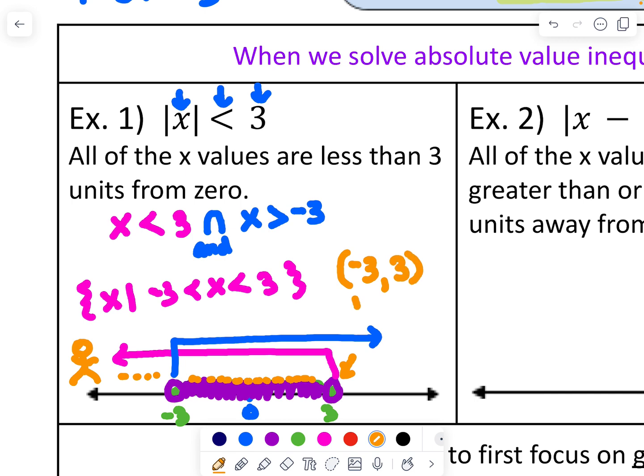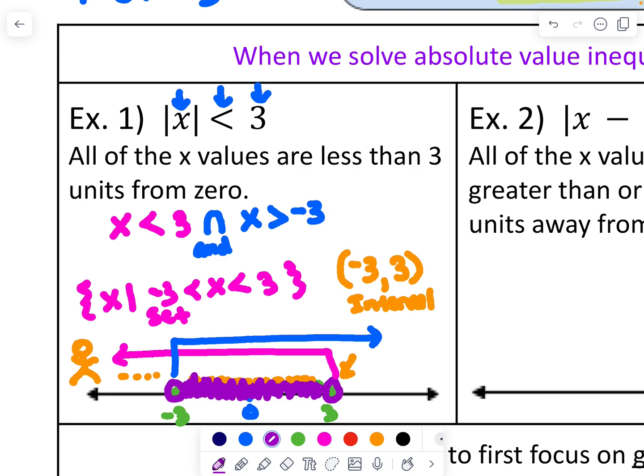So this one is interval notation, and this one is set notation. We need to be able to do either one and then graph. When there's an "and", we're doing this purple region, which is the overlap region where it was blue and pink.